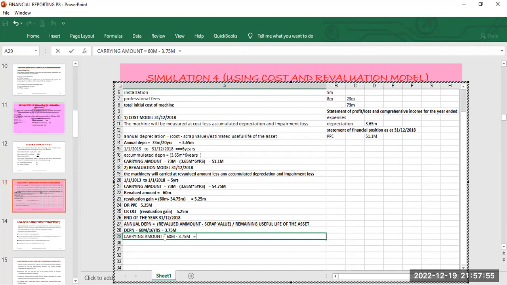This will give us 56.25 million. And this 56.25 million is the amount that is going to be taken to the balance sheet as the value for PPE. And that's basically what they wanted us to do in this question.